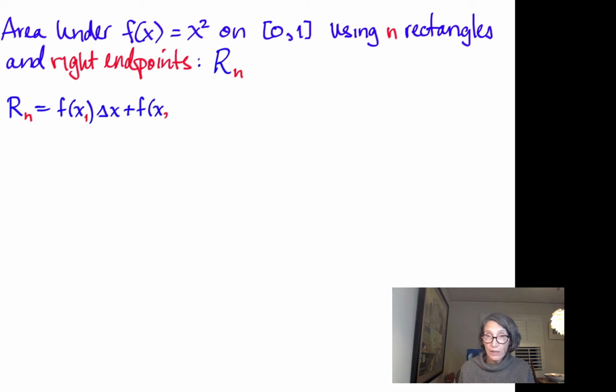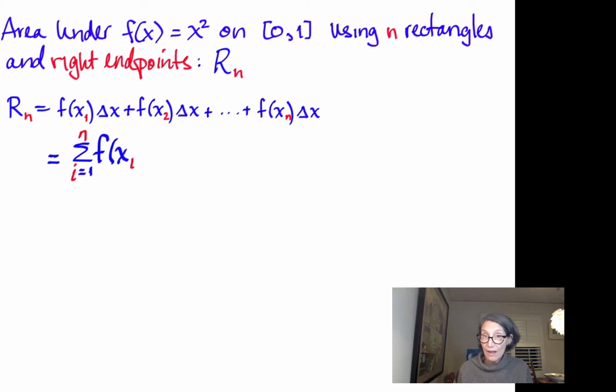And then the second rectangle has area f of x2 times the width, where x2 is the second right endpoint. And then we do it n times. And so there's n terms. The last rectangle has area f of xn times delta x. So xn is the last right endpoint. And so in sigma notation, we can write this as the sum as i goes from 1 to n of f of xi times delta x.